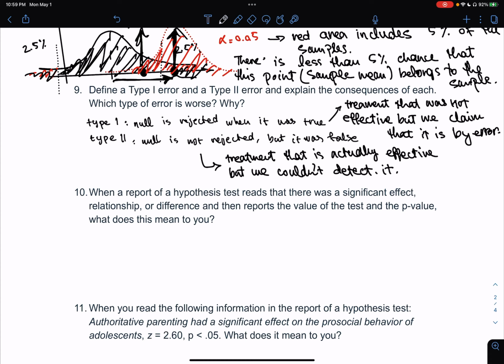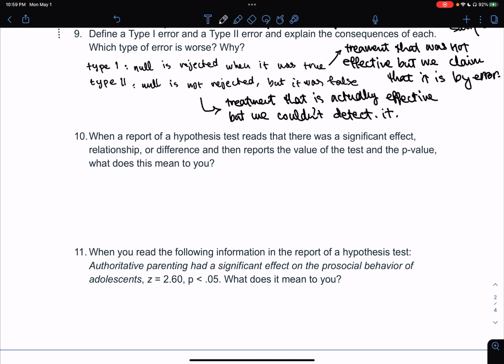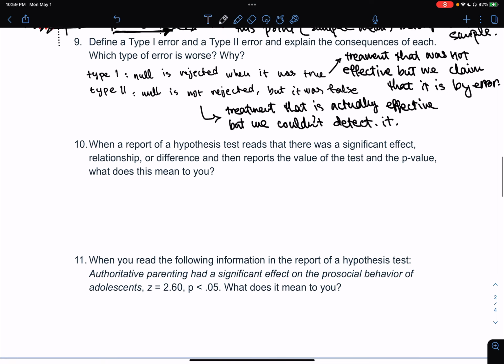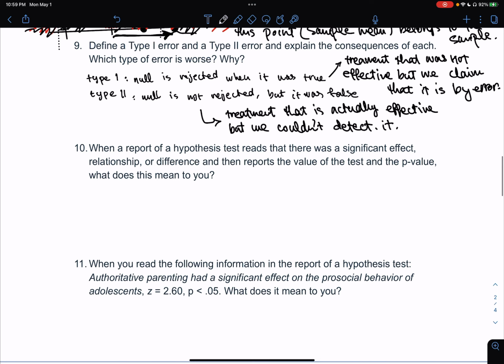Question 10, when the report of a hypothesis test reads that there was a significant effect, relationship or difference, and then reports the value of the test and the p-value, what does this mean to you? So this goes back to what we talked about here.